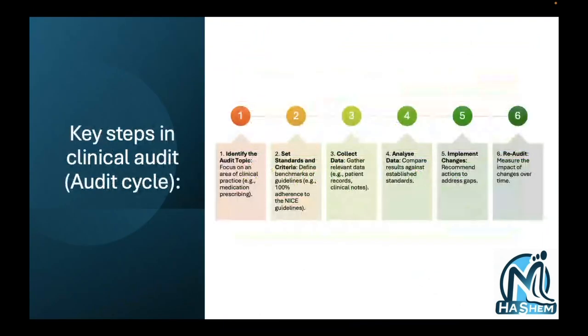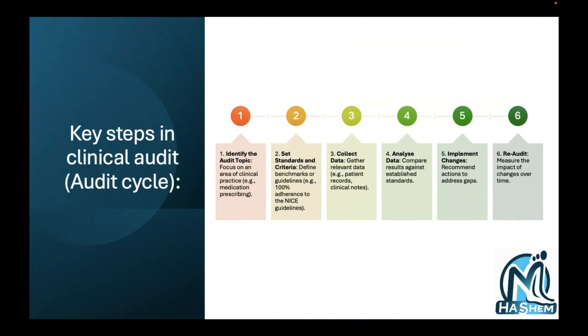Then once you do that, you need to re-audit to ensure that you have improved what needs improvement. So the key steps of the audit cycle: first, identify the audit topic. I need to know what part of my practice I need to audit. Number two, I need to know the standard, the criteria I'm going to benchmark against. Then I need to collect the data about my current practice. I gather all the data about the point I'm auditing.